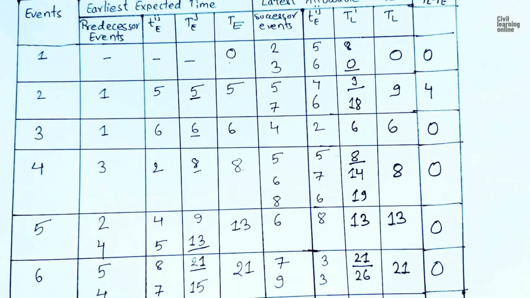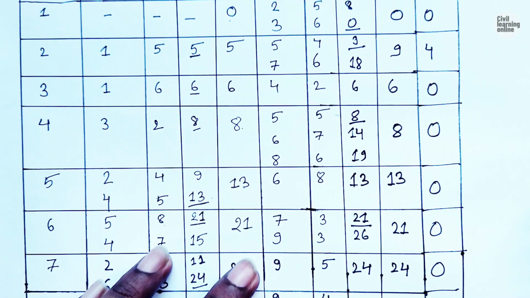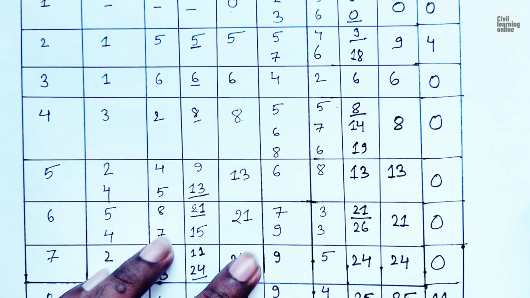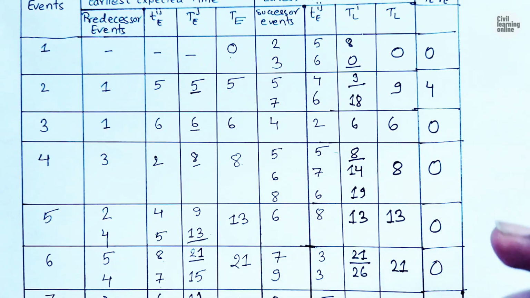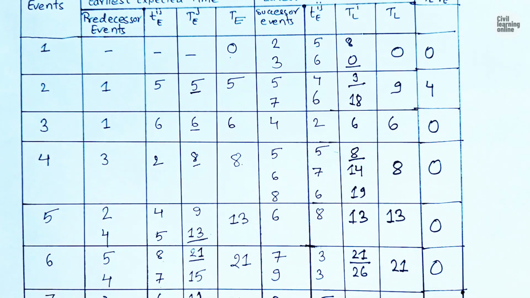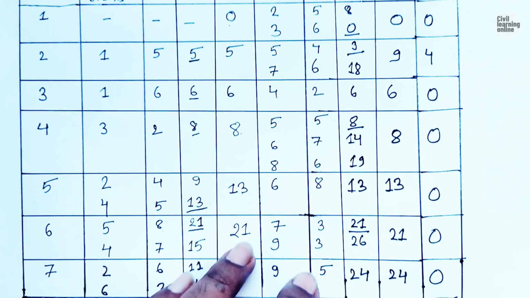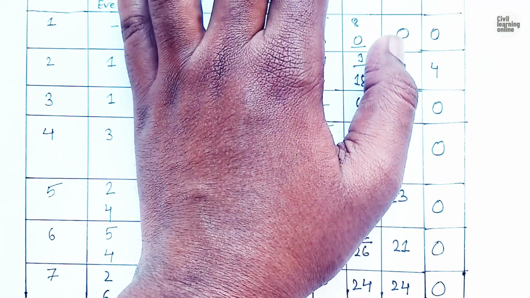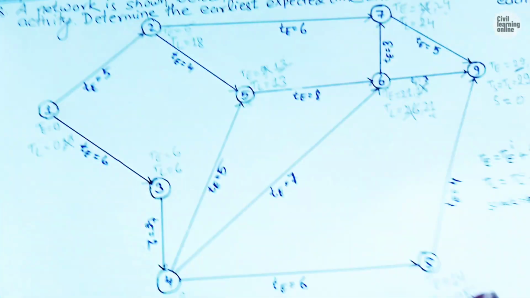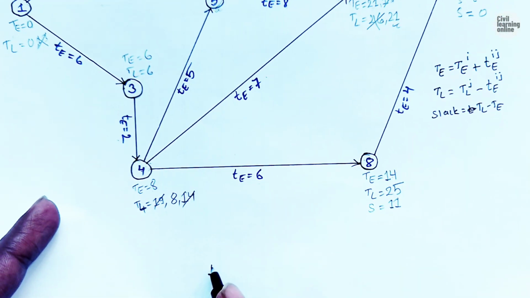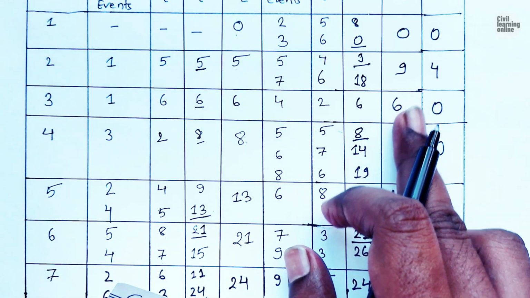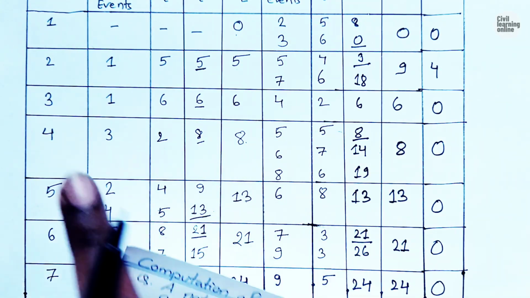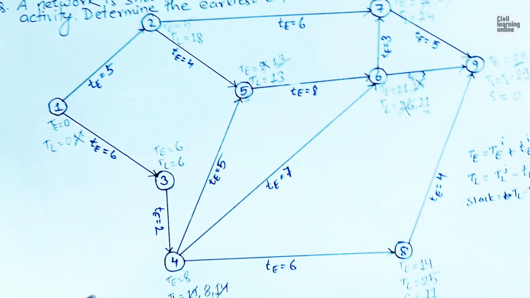Finished. Now we have successfully calculated the slack of the given project. Now the critical path is going to be 1. As I said, all the events which have the least value, that is 0 slack, will represent the critical path. First 0 is 1, so let me write here 1. Second is 3, event 3 has 0, so 3.